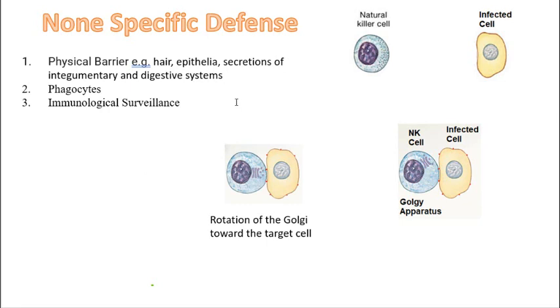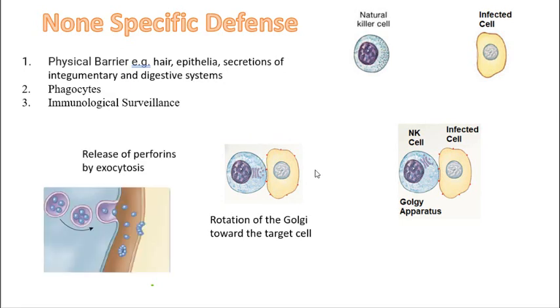So you see the Golgi apparatus is rotating and moving toward the infected cell. What is the Golgi apparatus going to do? It is going to release a chemical called perforin. So what is perforin going to do? Perforin is going to bind to the plasma membrane of this infected cell and puncture it, and this infected cell will die.